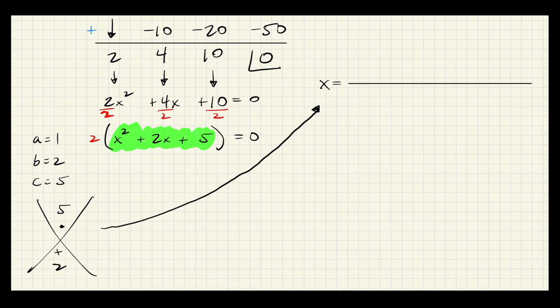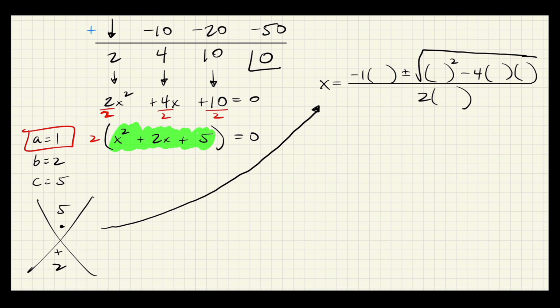So the quadratic formula is -b plus or minus the square root of b squared minus 4ac, over 2a. A is 1, B is 2, C is 5.